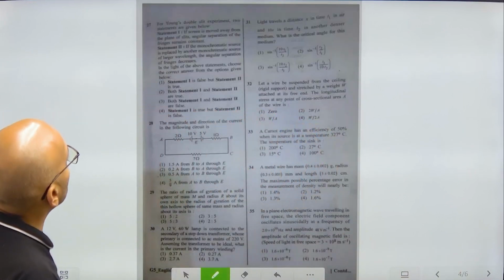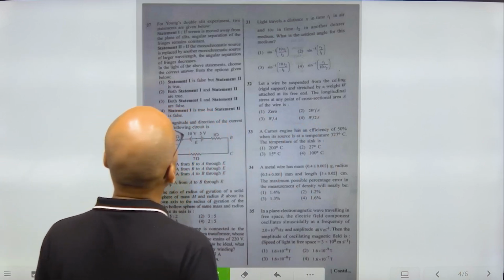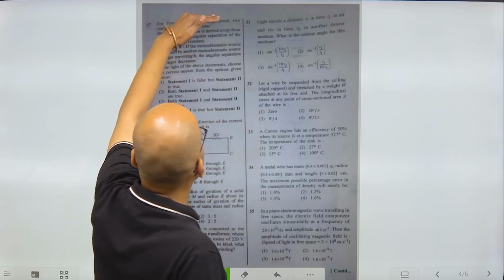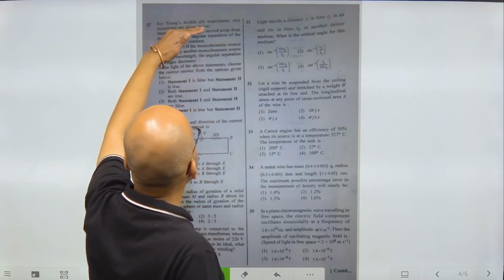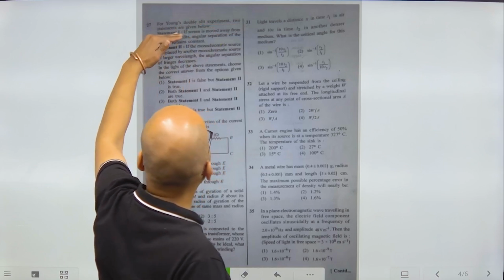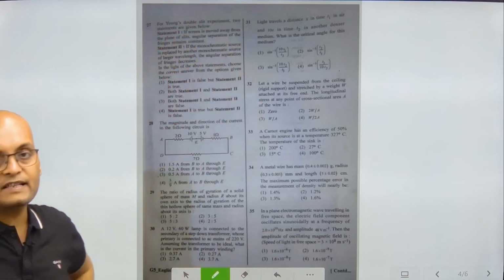Next question. YDSE. Now there are two statements given. We have to choose. So if the screen is moved away from the plane of the slit, angular separation of the fringes remains constant. Now see, in YDSE what it is saying?